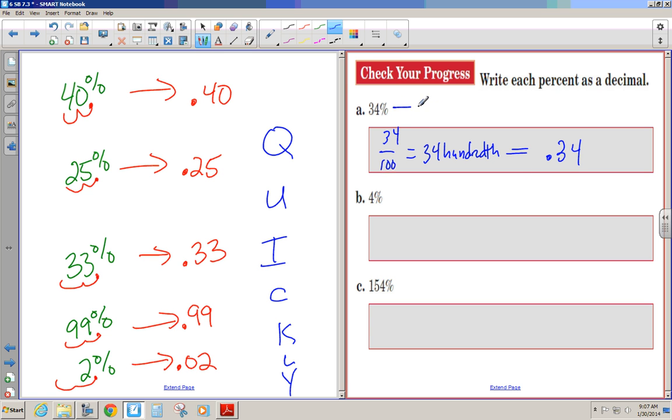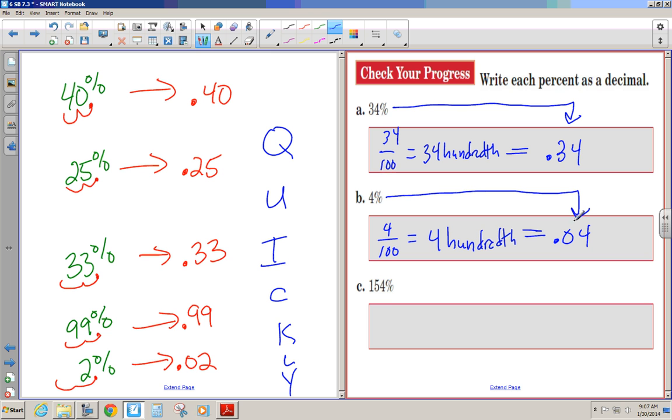But you could have gone from this to this pretty much instantly. 4%, you should write 4 over 100, which is 4 hundredths, which means 0.04.